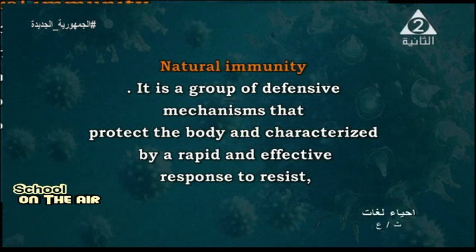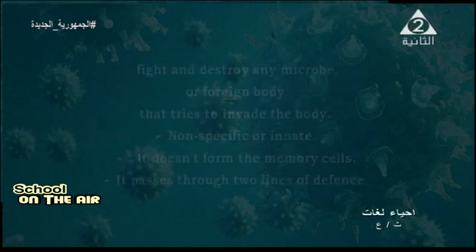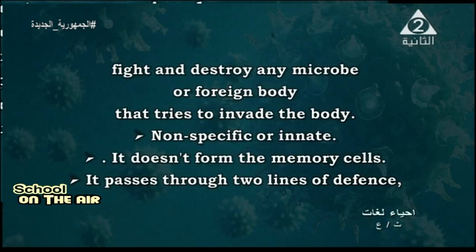Okay, natural immunity. What is the natural immunity? It is a group of defense mechanisms that protect the body and are characterized by a rapid and effective response to resist and fight, to destroy any microbes or foreign body that tries to invade the body. It is non-specific or innate, and it doesn't form a memory cell.